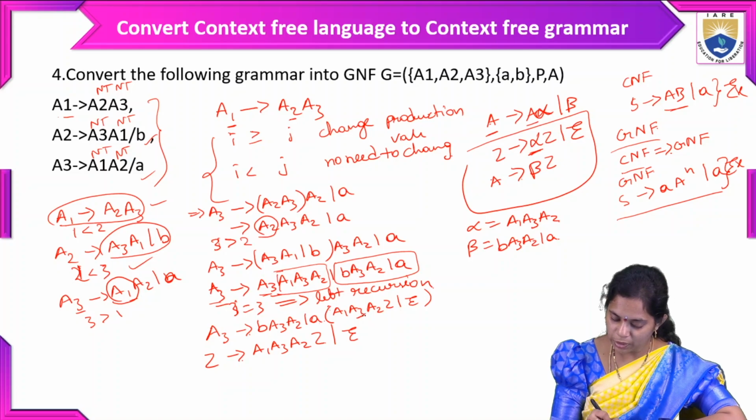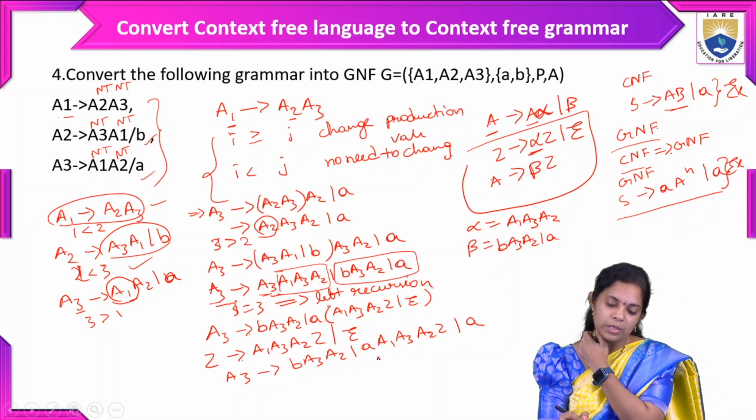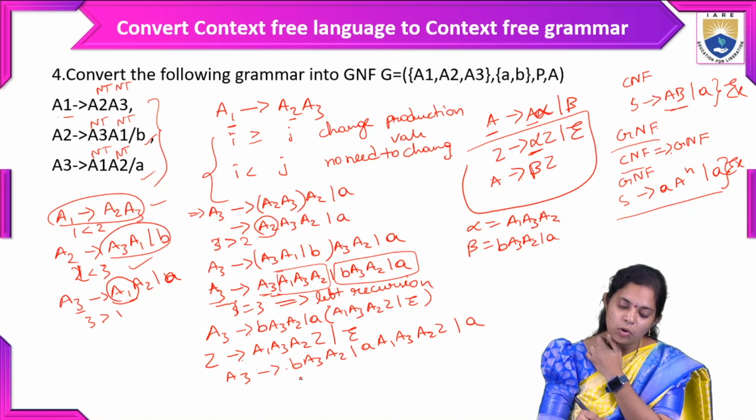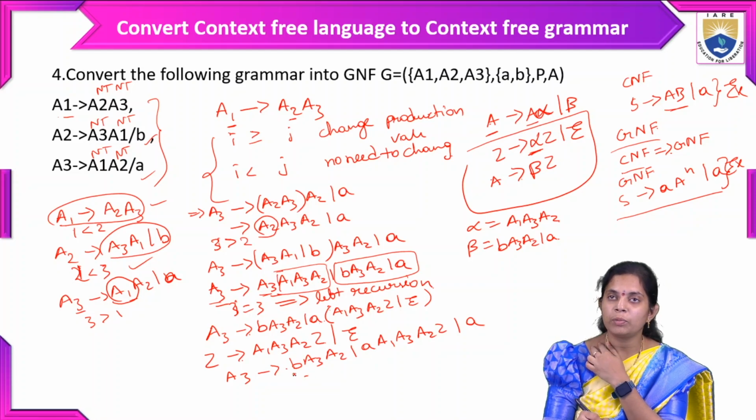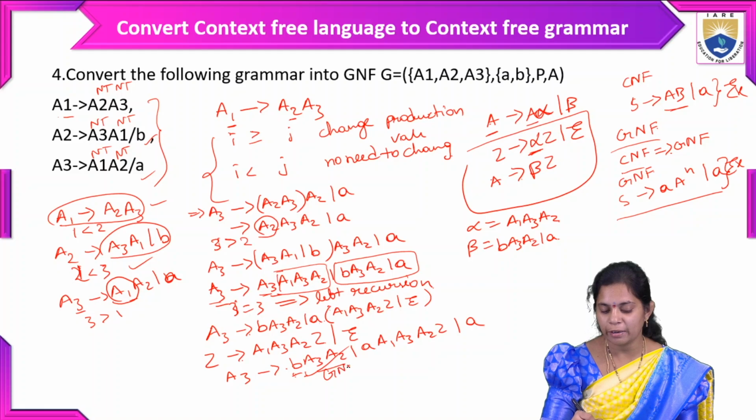After substituting this one, we will get the A3 value as B, A3, A2, A, A1, A3, A2, Z and A. If you observe the value of A3, we got equations that are a combination of terminal and non-terminals, terminals followed by n number of non-terminals, so that is already in GNF.